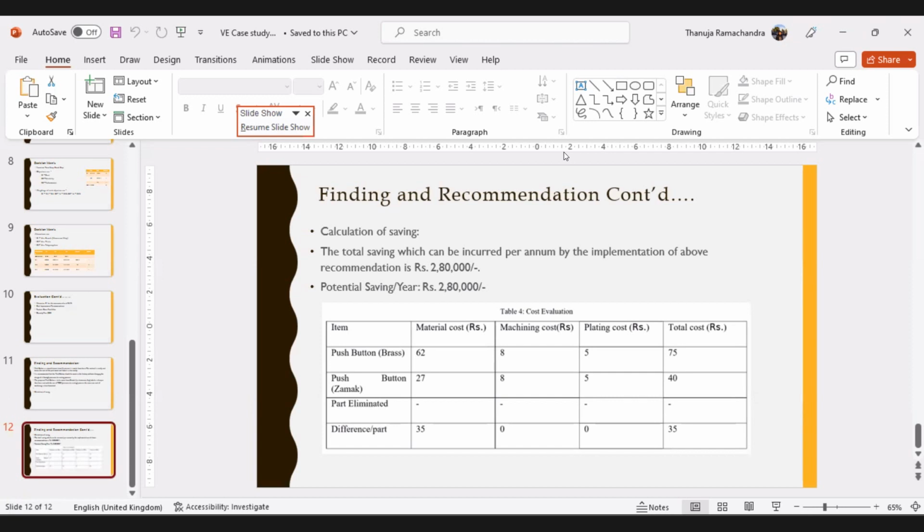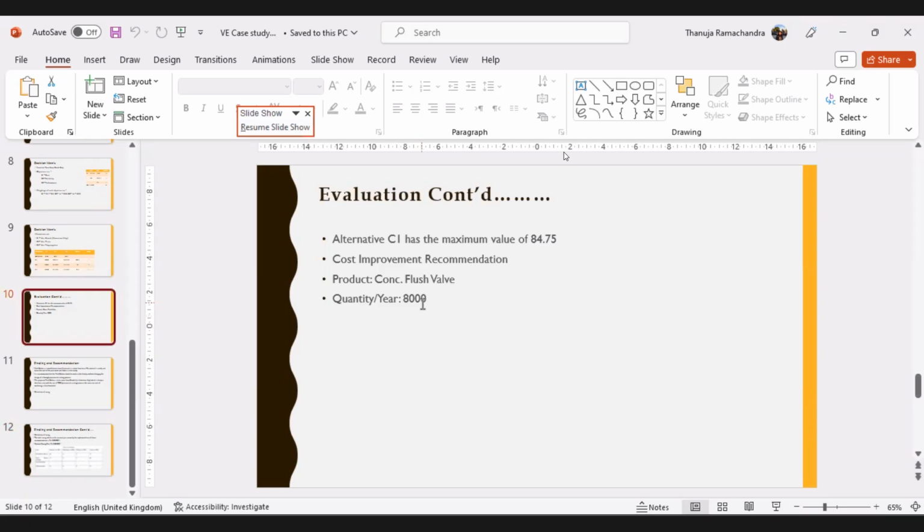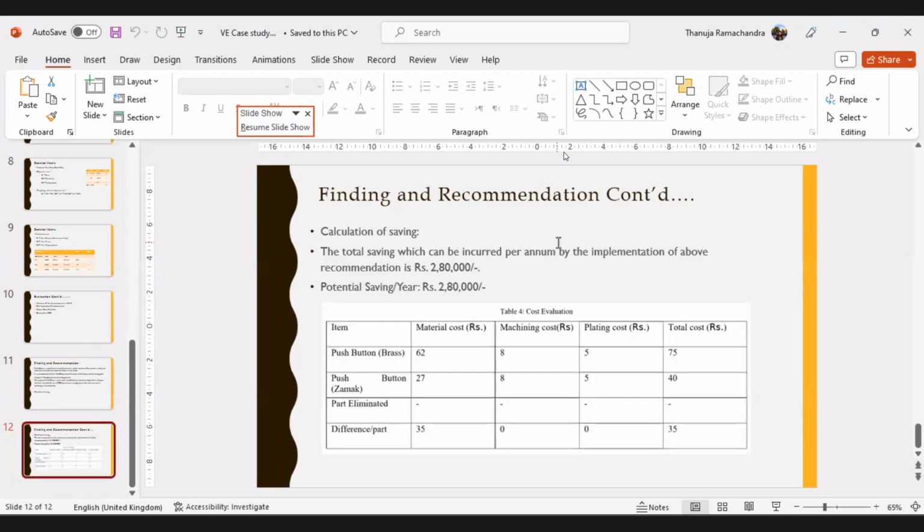Yes, ma'am. Yes, that is the one. Per unit, okay, ma'am. Yes, 35 saving. So totally, okay, no?